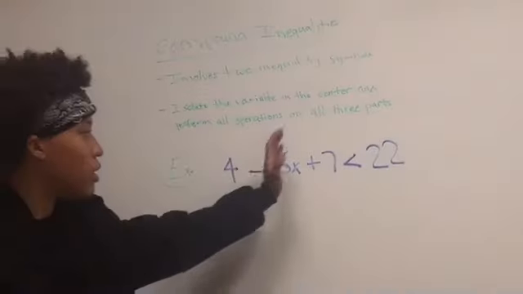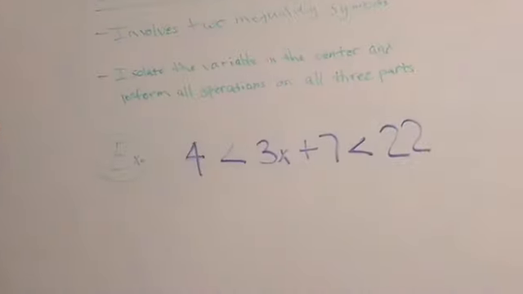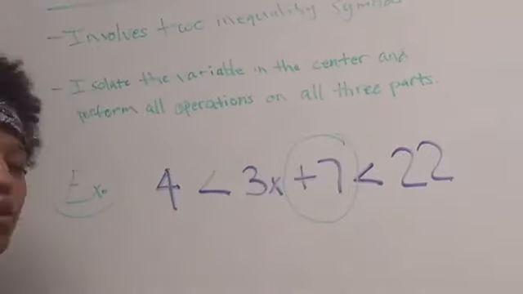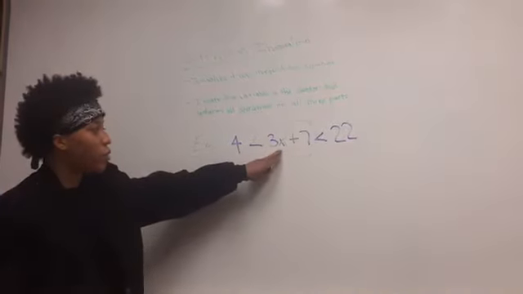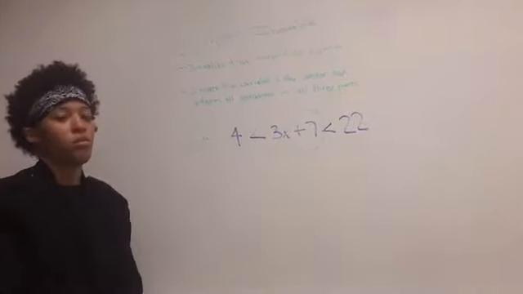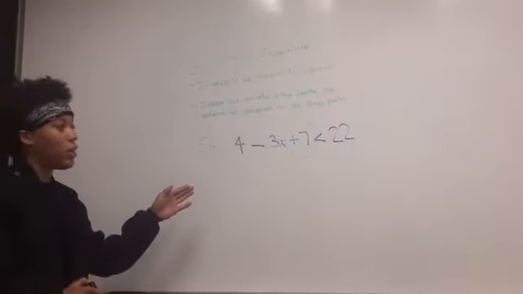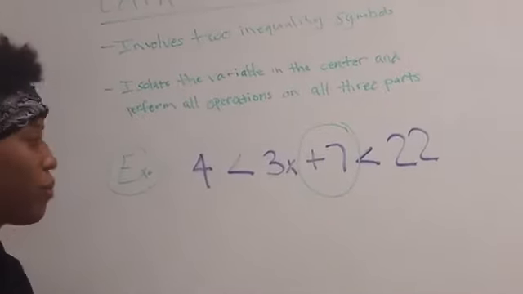Now, since there's 3 separate parts, and the variable is in the center, right here, which is technically 7, but the variable is the 3x. Now, we have to solve it like any other equation, which is subtracting 7 from all 3 parts.